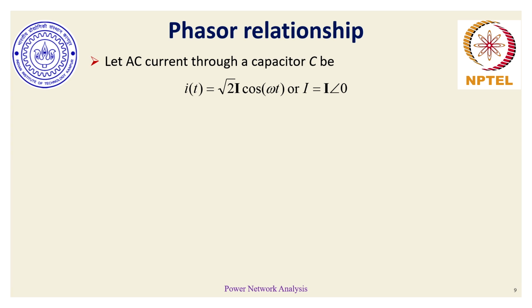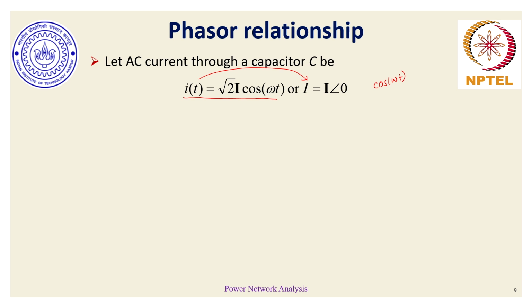If we have to understand the similar thing for a capacitor, we assume the same current representation as in the previous slide, and we choose cos omega t as a reference for my phasors. So the time domain signal I of t is written in this phasor form with phase angle being 0 and the magnitude being the RMS value.